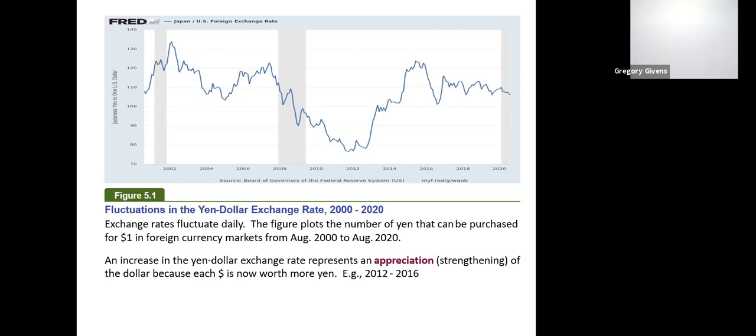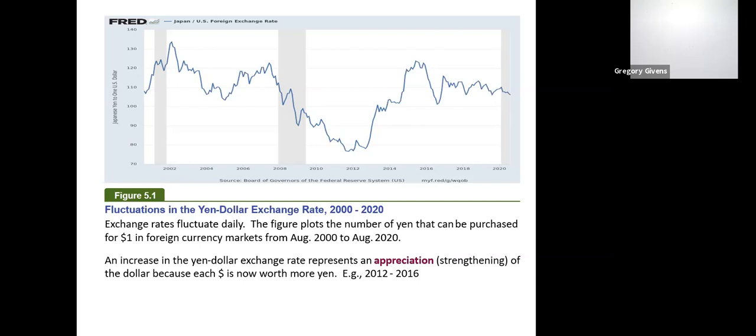Sometimes it's referred to as a strengthening of the domestic currency. I'll use that term a lot. When we talk about the dollar strengthening relative to a foreign currency, we mean that the dollar is appreciating. That is, the nominal exchange rate is rising, right? A dollar buys more and more units of a foreign currency, okay?